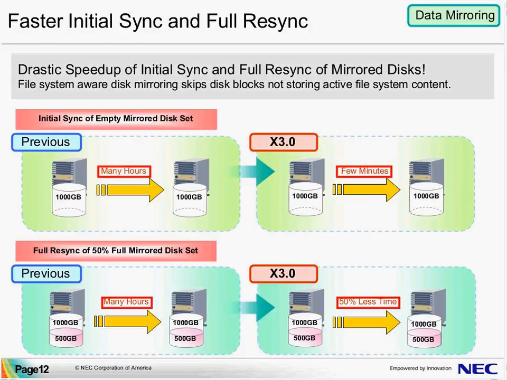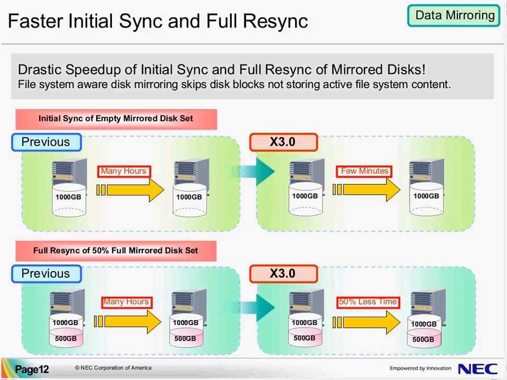As shown in this slide, in previous versions, if you have a 100 gigabyte target data volume you want to protect, ExpressCluster would need to initially copy that 100 gigabytes, or 1,000 gigabytes, of data to the standby system, and that can take quite a bit of time. And one of the issues is that typically when a new system is set up, there isn't really much actual data on those data volumes initially.